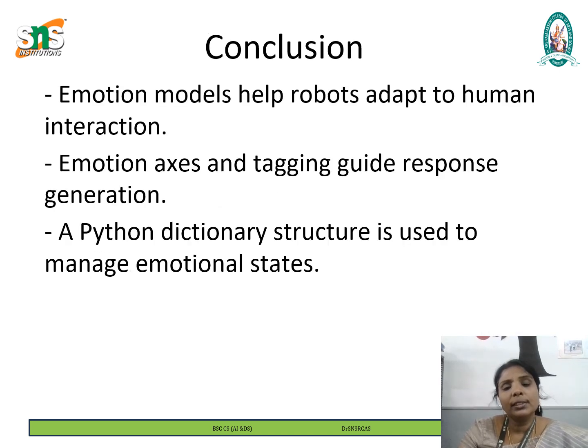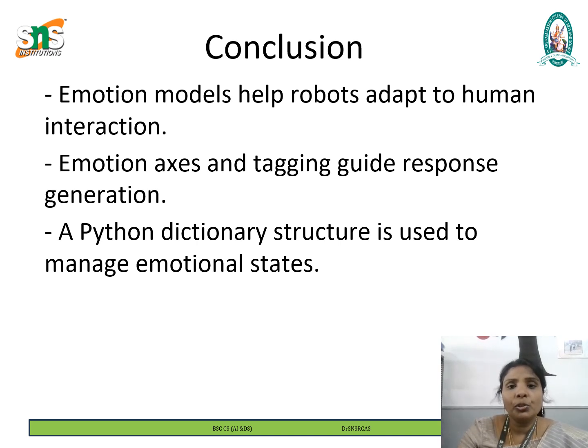Emotional models are essential for enabling robots to adapt to human interaction in a meaningful and dynamic way. By using emotion axes and tagging to classify responses, robots can interpret human emotions and generate appropriate reactions. A Python dictionary structure helps to manage emotional states by tracking and updating sentiment indices in real time.